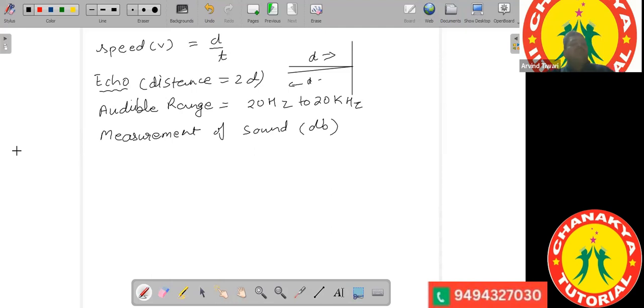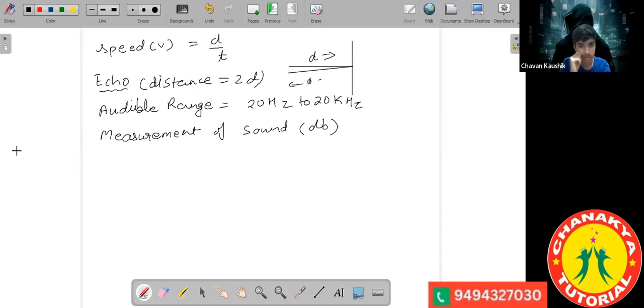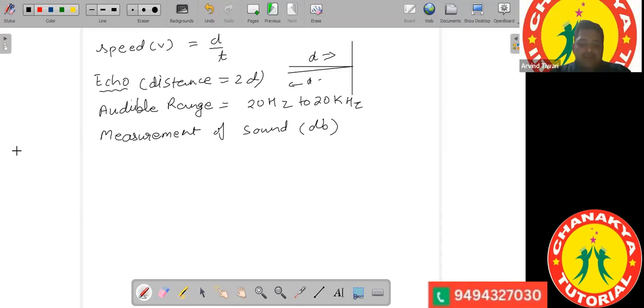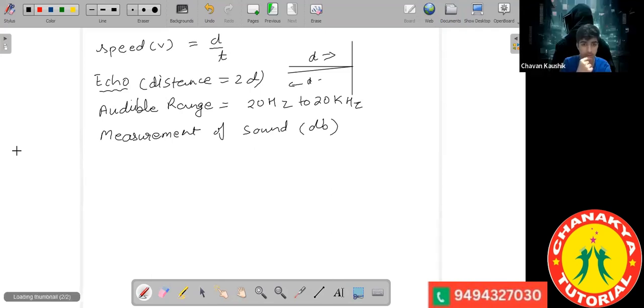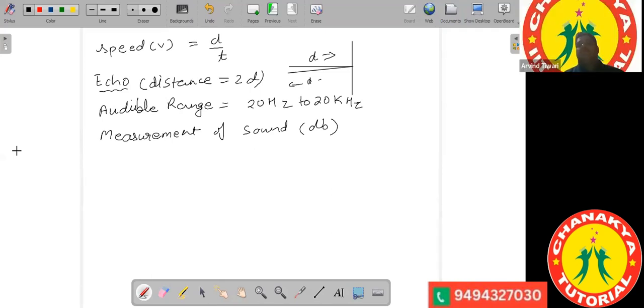Sir, the SI unit will be decibels. Measurement is also decibel. Yeah, measurement is decibel, but the SI unit is joule, since it's energy and all energy is measured in joule.